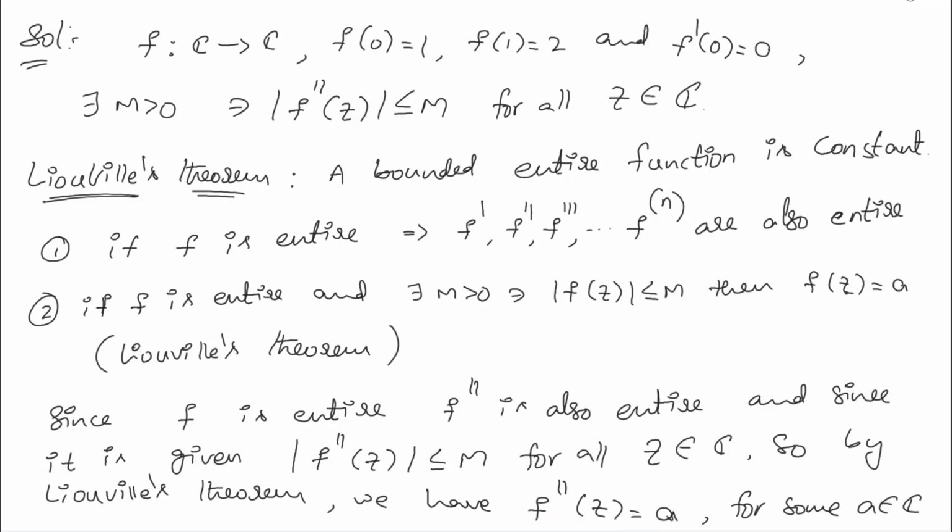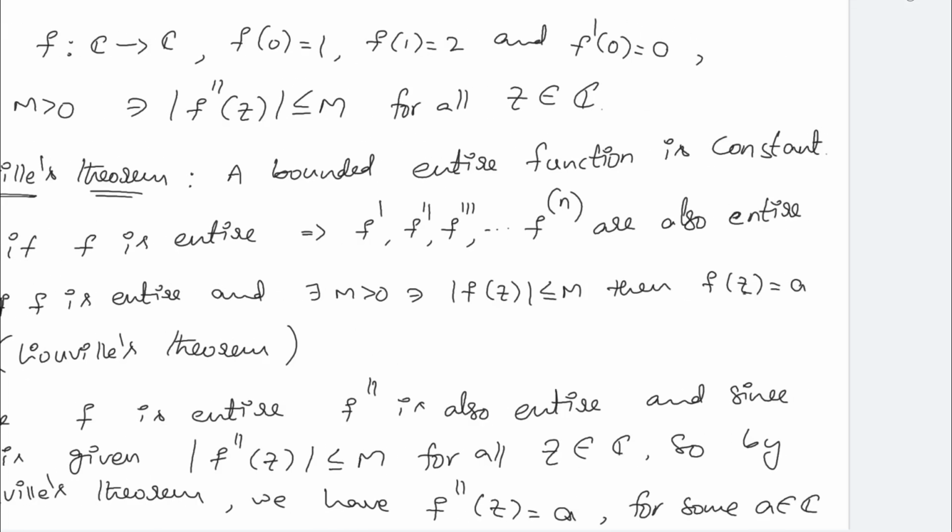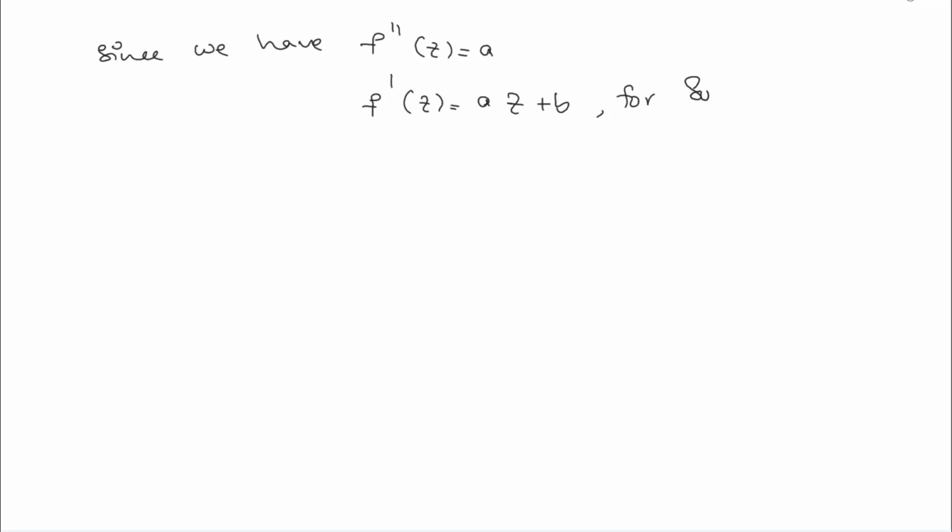And sorry, it is constant. So now it is given some more extra conditions. Firstly, let me write this. Since we have f double dash of z equal to a, from this we can easily see that f dash of z equals az plus b for some b in C, which can be seen easily by the integration.